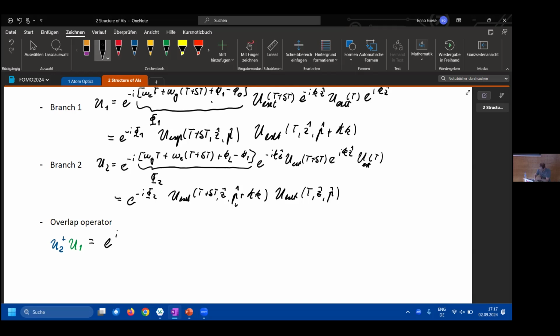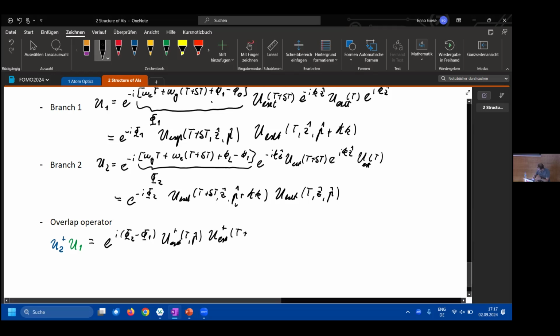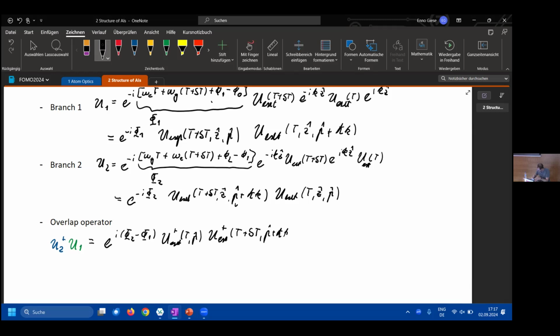And it is e to the i phi 2 minus phi 1 times U external dagger of T and P times U external dagger of T plus delta T and P plus h bar k. Okay, taking the dagger implies that we have to reverse the order of those two. And that's effectively a backward propagation in time, if you like.